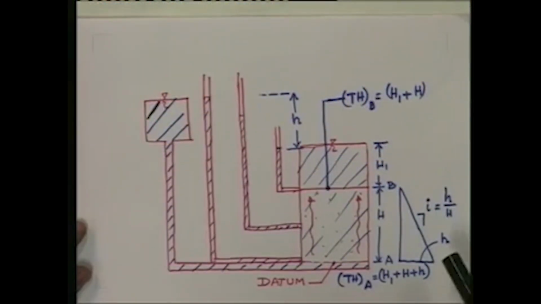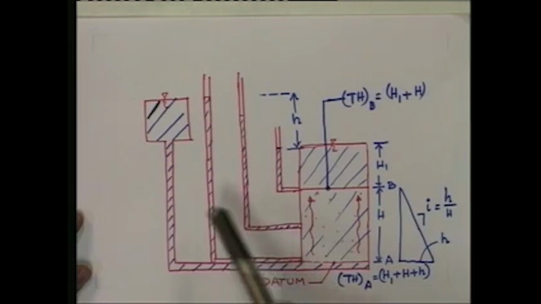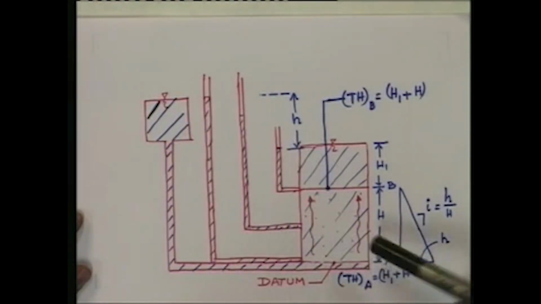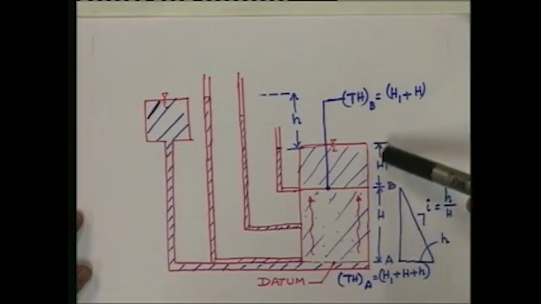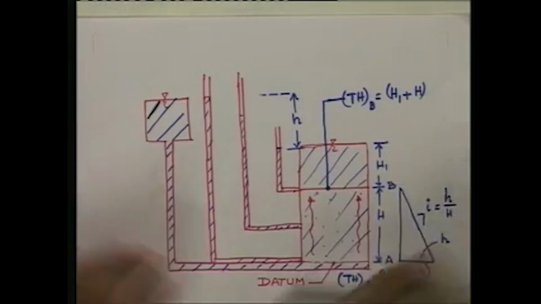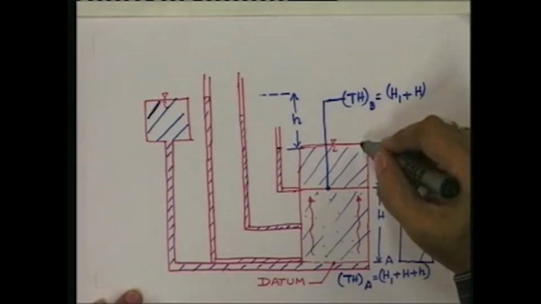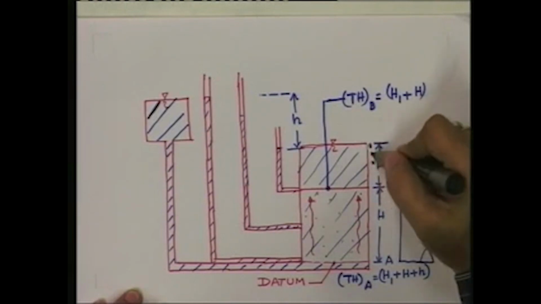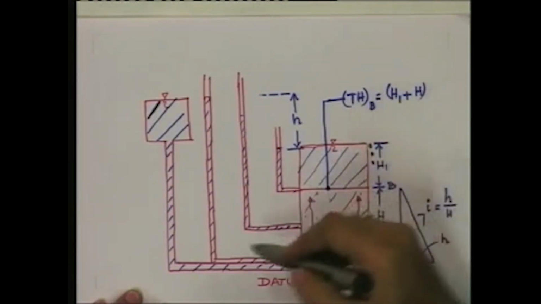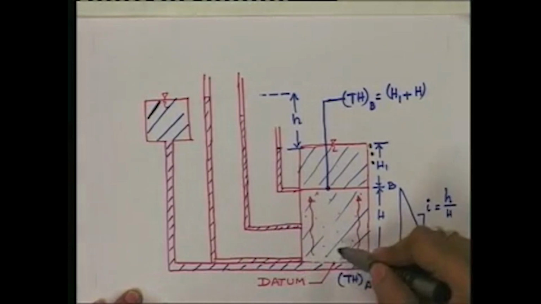Here the same situation is explained, where capital H is the thickness of the soil specimen, and H1 is the head of the water which is resting here. The extra water collected here is after establishing the steady seepage conditions, when flow is taking place in the upward direction.